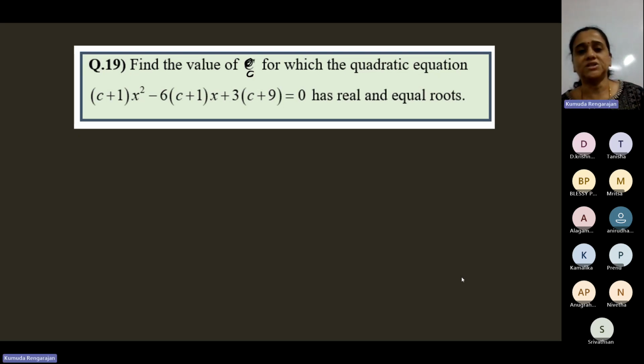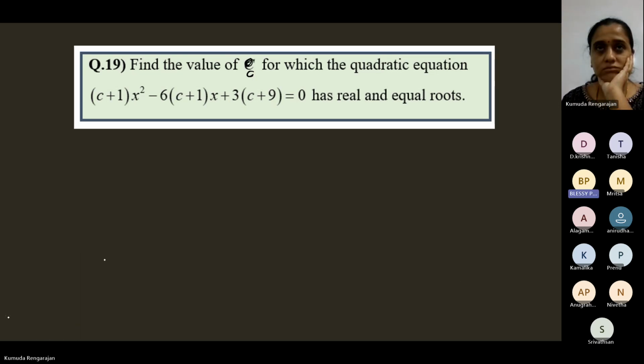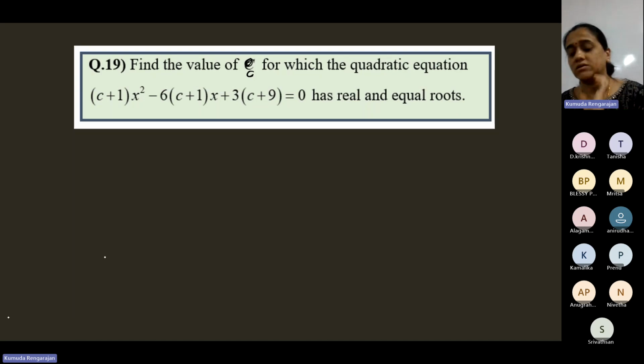Online children, what is the condition for equal roots? D is equal to 0. Plus C, is it? Yes, ma'am. Very good.